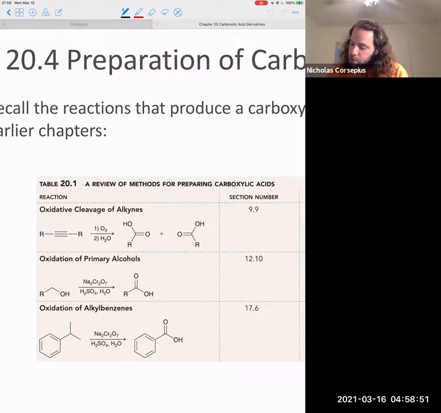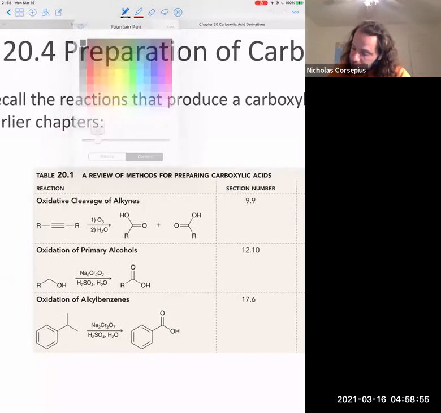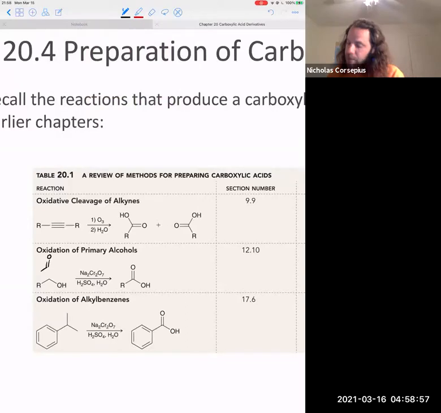We can also use oxidation agents, right? So if we had a primary alcohol or an aldehyde, we could oxidize that with one of our strong oxidizing agents. Again, this chromium is the giveaway for a strong oxidizing agent, and that will generate a carboxylic acid.